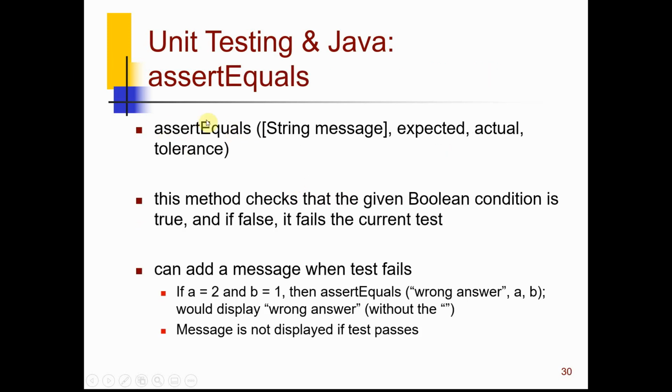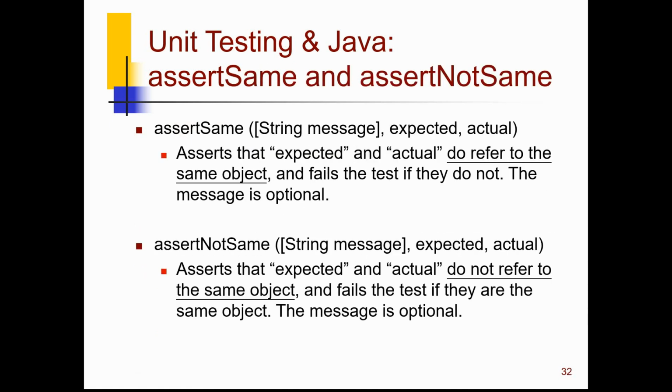With assert equal, we're focusing on the variables, and the same one we use to compare objects. So if the expected and the actual refer to the same object, then this passes, otherwise fail. The not same is the opposite. So if actual and expected are not the same, then it's a pass. If they are the same, then fail.